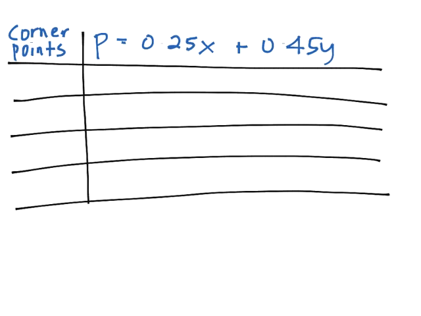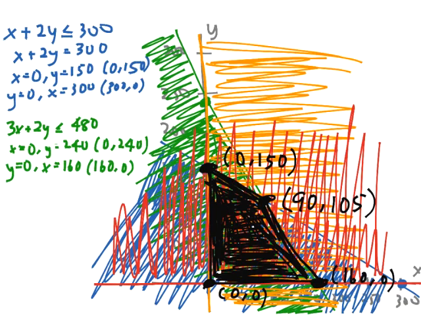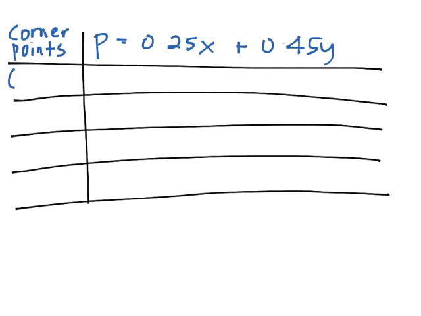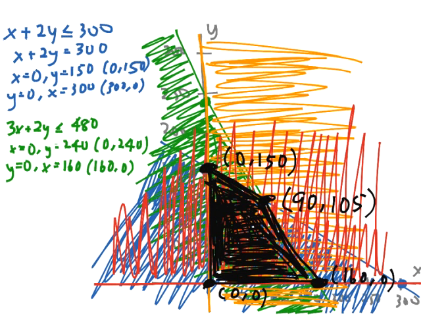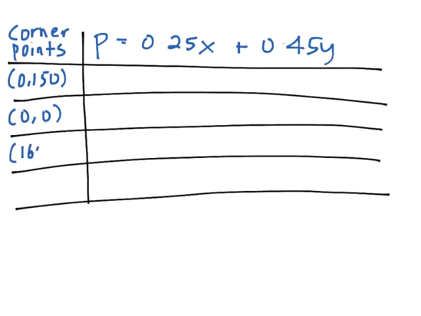So now we list down all our 4 corner points. The first corner point is 0, 150. The second point is 0, 0. The third corner point is 160, 0. And the last corner point is 90, 105. Then we substitute into our x and y.